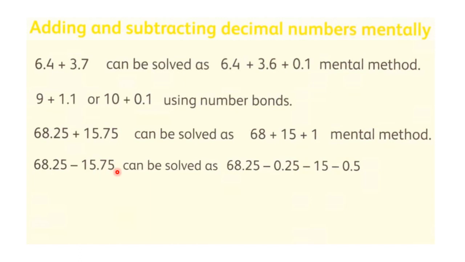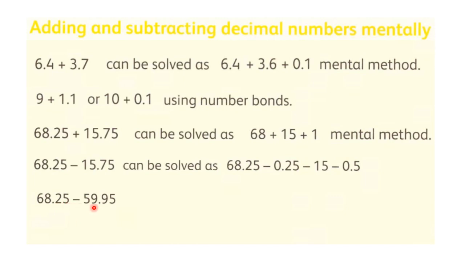So I've taken 0.25 from the 15 to make this become 68, then minus 15 and minus the 0.5 remaining here from the 0.75 subtracted. It leaves me 0.5.